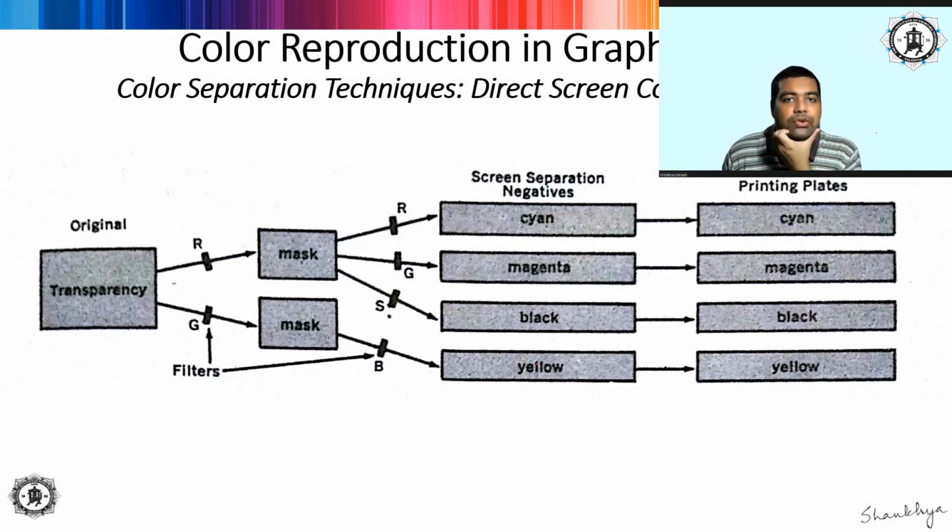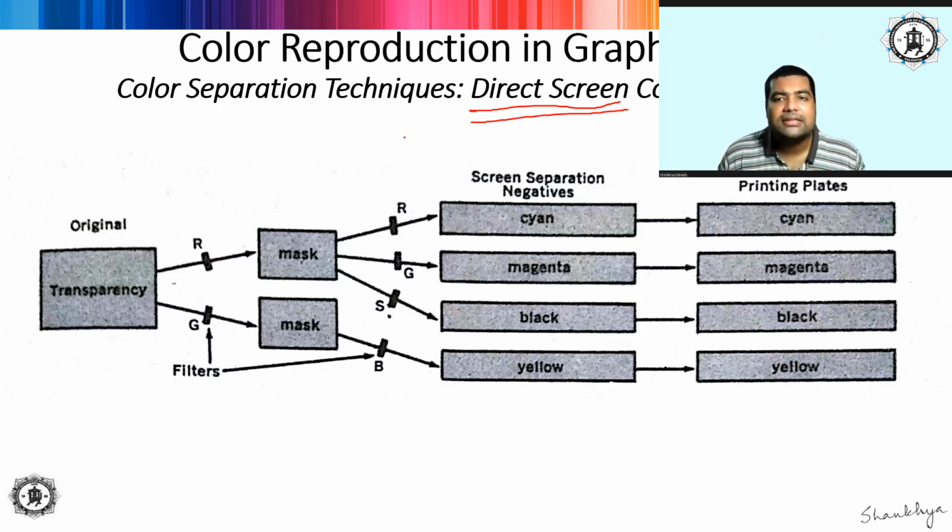So how to actually prepare such color separations, we will be talking mainly about three techniques. One, that you can see in front of your screen, is the direct screen color separation method. The second one will be the indirect screen color separation method. Quite obvious that in direct screen, we are preparing the plates directly from the negatives. But in the indirect one we'll be making some more intermediates, like some positives, from which ultimately the plate will be made.